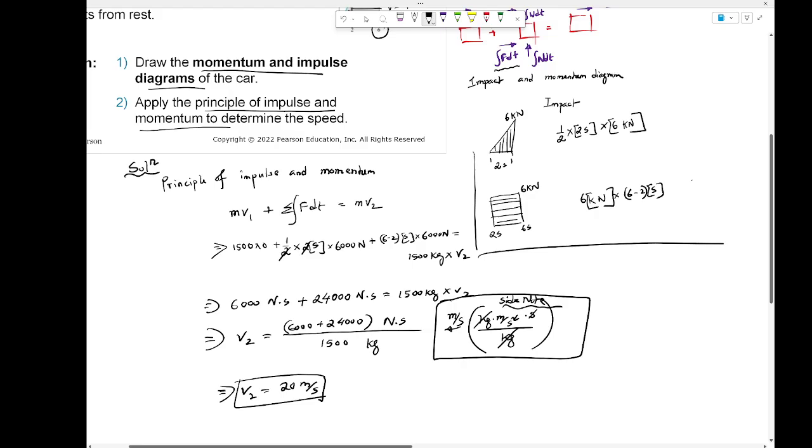They said to explore it up to 6 seconds, and then you had the principle of impulse and momentum equation, where the change of momentum is equal to impulse. So we only have to find v2, the velocity, where v1 was 0, since it starts from initial time 0. Then you have this impulse, which was force multiplied by time. You found it from the time history of the traction force. And then you finally get the final velocity, 20 meters per second.